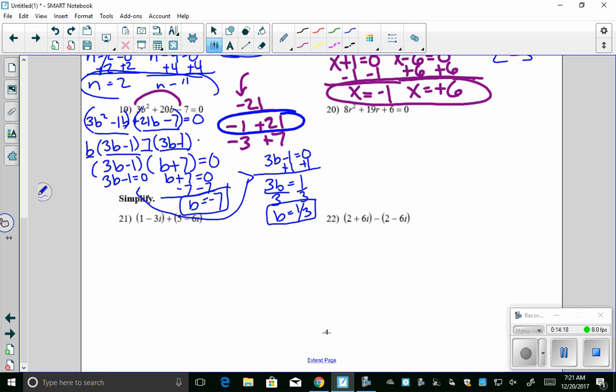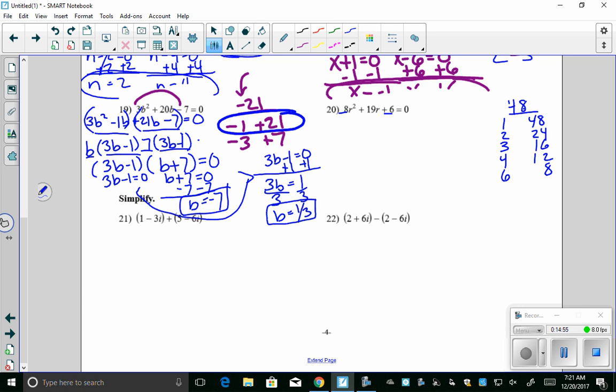Same thing on number 20. I don't have a greatest common factor. So I have to multiply 8 times 6. 8 times 6 is 48. Factors of 48: 1, 48. 2, 24. 3 and 16. 4 and 12. 6 and 8.